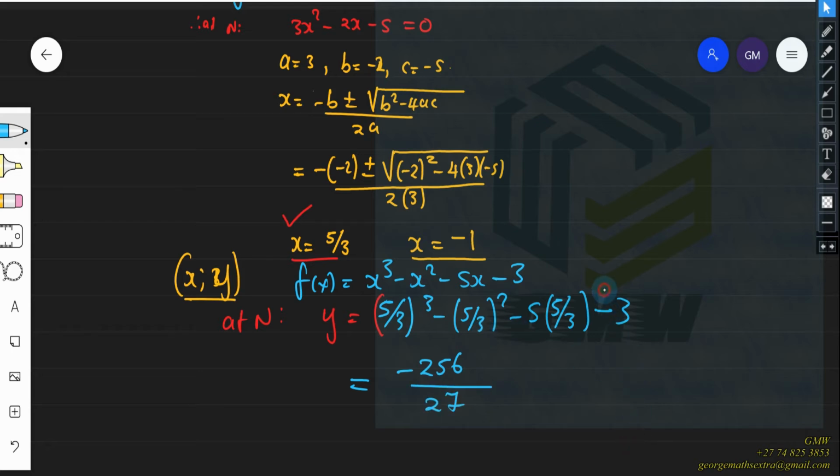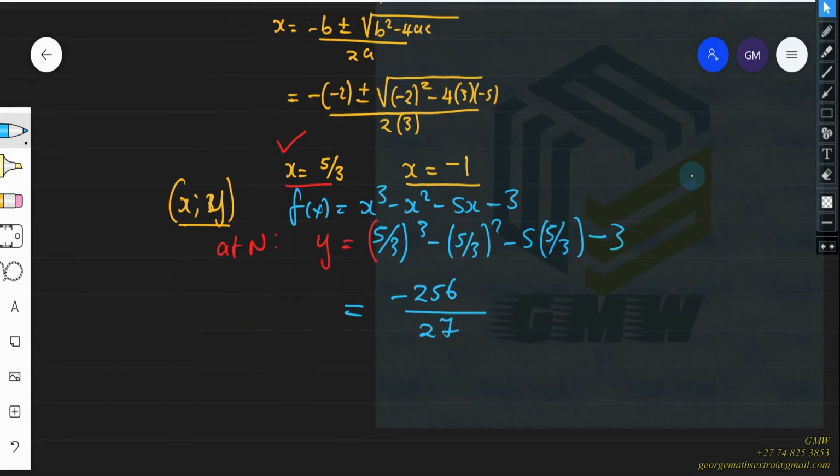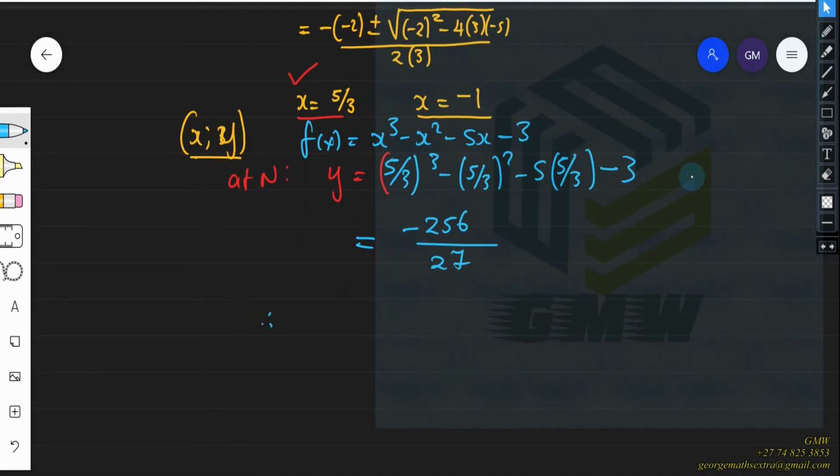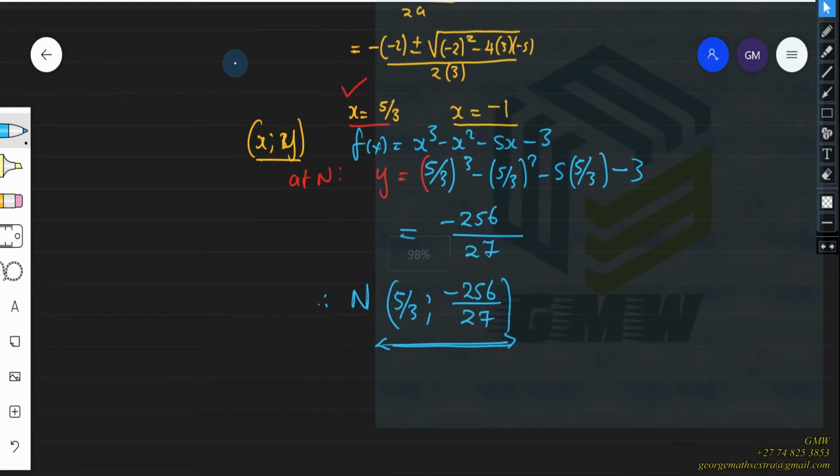So by so doing, we found the coordinates of n. Therefore, the coordinates of n are 5 over 3 and negative 256 over 27. We have found the coordinates of n. And answer analysis is always important.